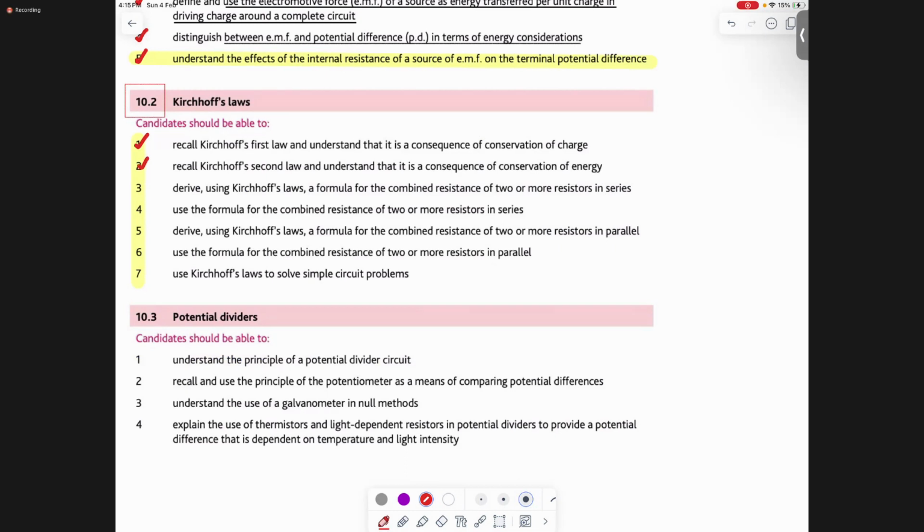Then derive resistance using Kirchhoff's laws, the combined resistance of two or more resistors in parallel, and use Kirchhoff's laws to solve simple circuit problems. I hope they stick to their word and give you simple circuit problems. So yeah, that is 10.2.